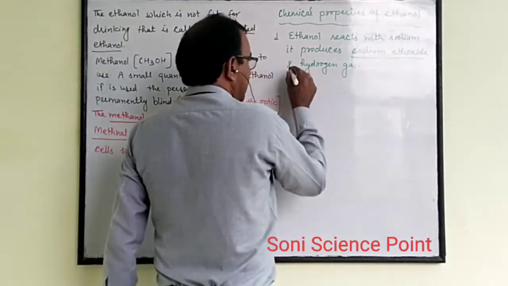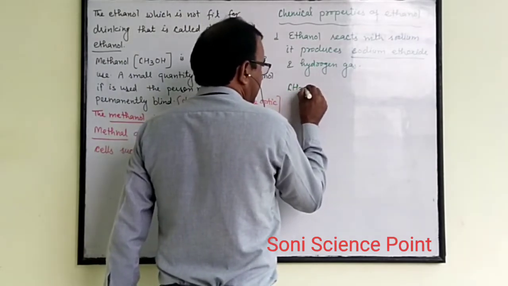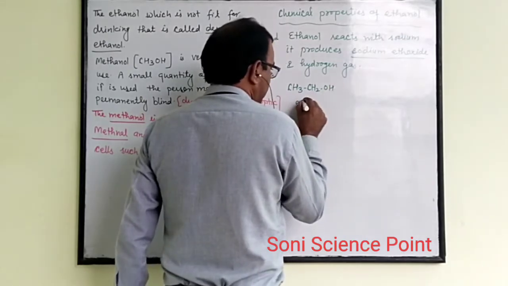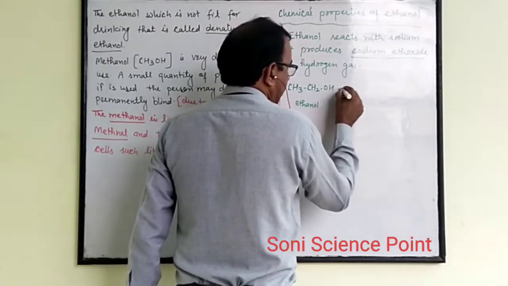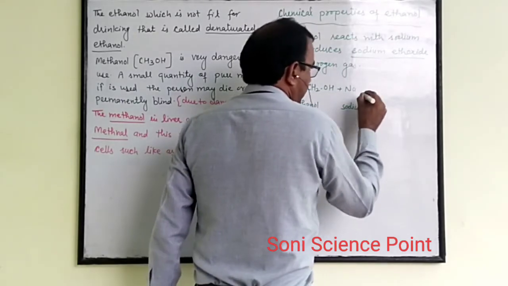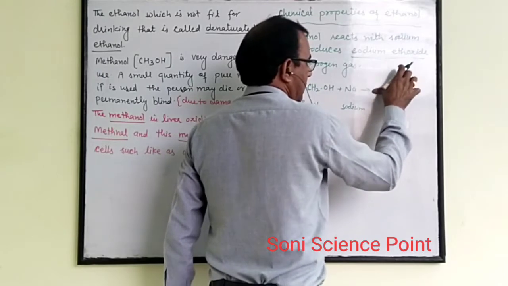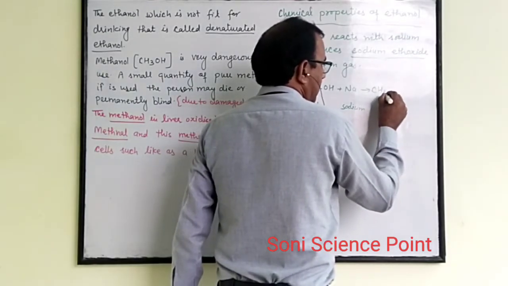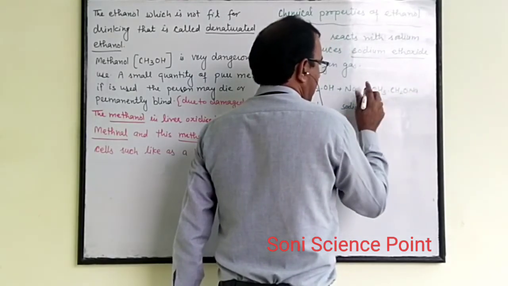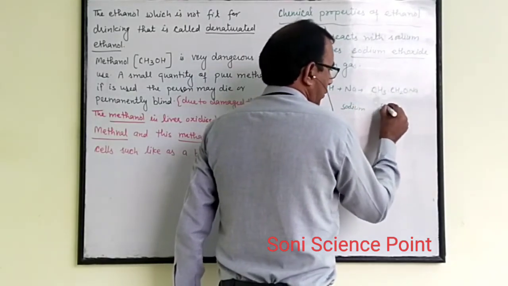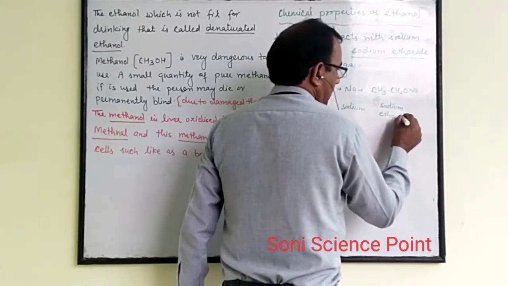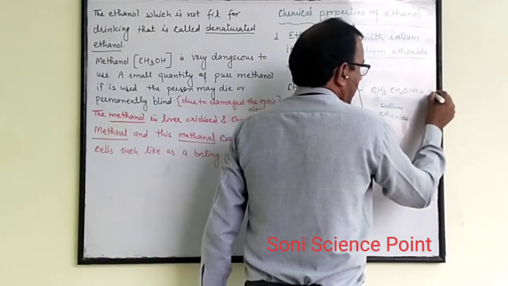How can we write it? Ethanol, CH3CH2OH. When ethanol reacts with sodium, Na, it produces sodium ethoxide, CH3CH2ONa, plus hydrogen gas.